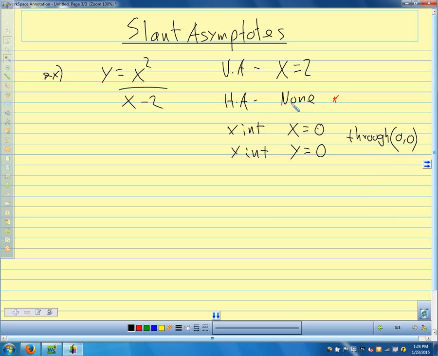All right, so we don't have a horizontal asymptote. The degree of the numerator is 1 more than the degree of the denominator.